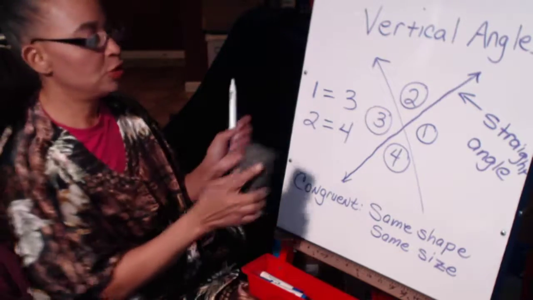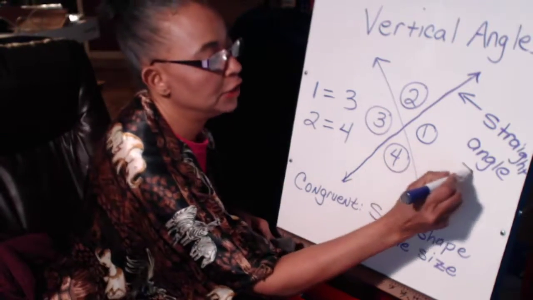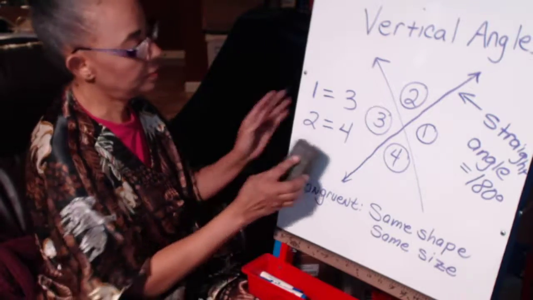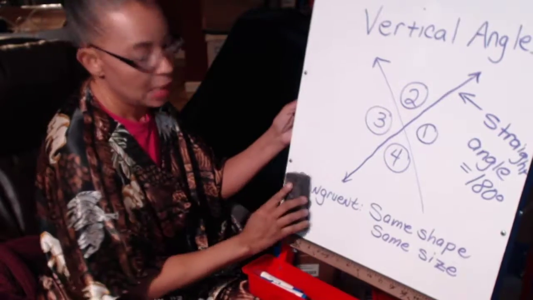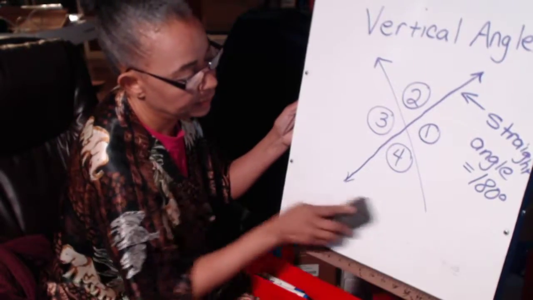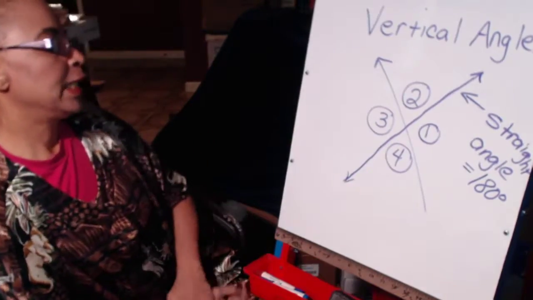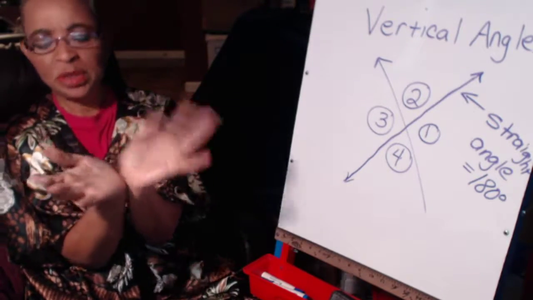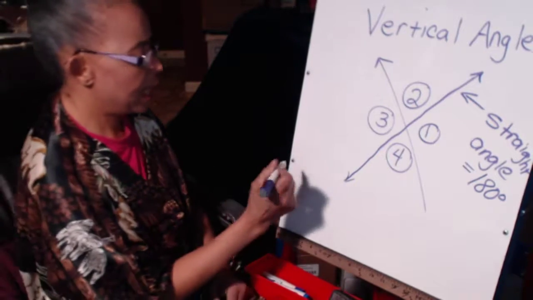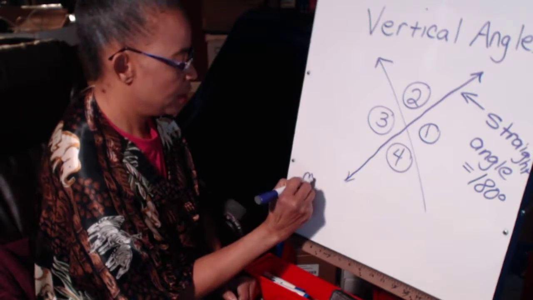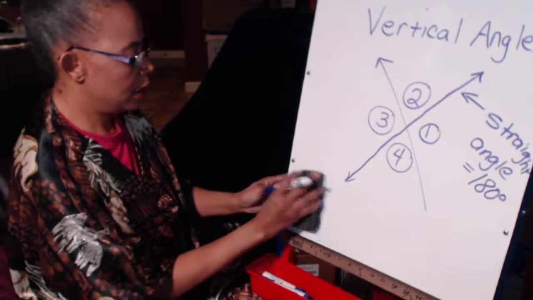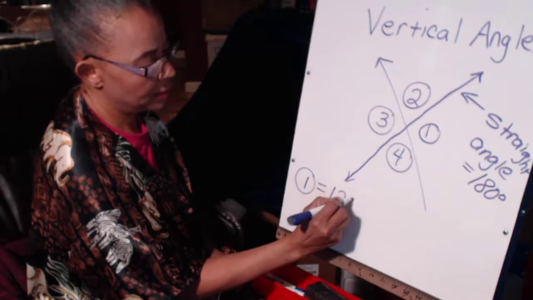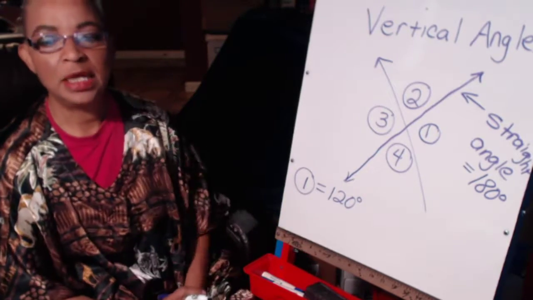And remember, straight angles equal 180 degrees. So let's see. I'm looking at angle 1, and it looks a little larger than 90 degrees, so it's about obtuse. So let's give it something simple. Let's say angle 1 is 120 degrees.